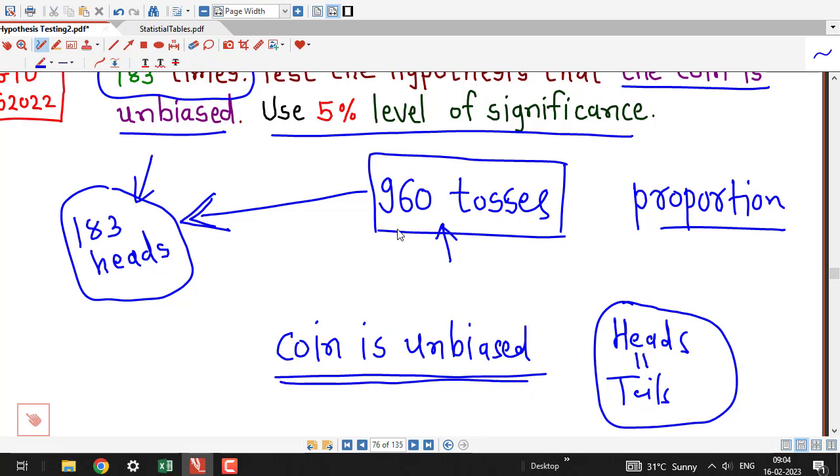And they are considering the sample of 960 tosses, and out of these 960 tosses they find that the number of heads is 183. So here this is the problem of proportion. We are interested in the proportion of heads in the tossing of a coin.